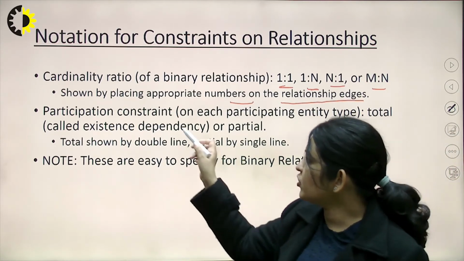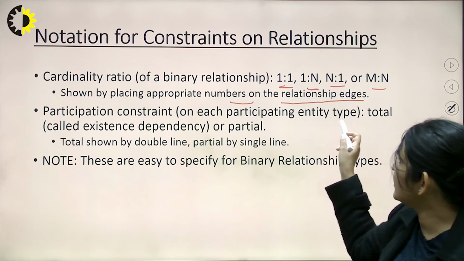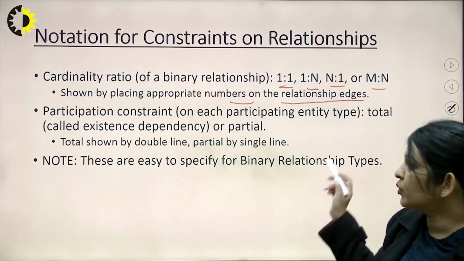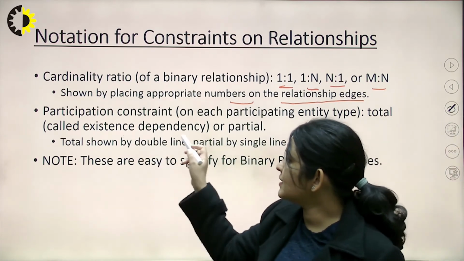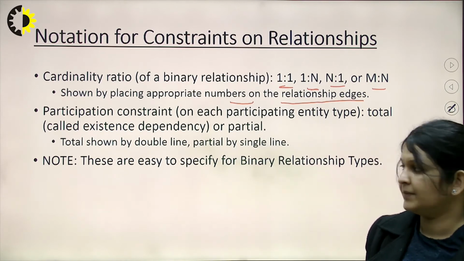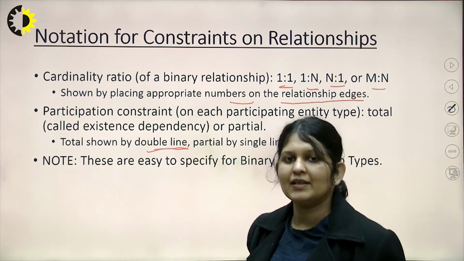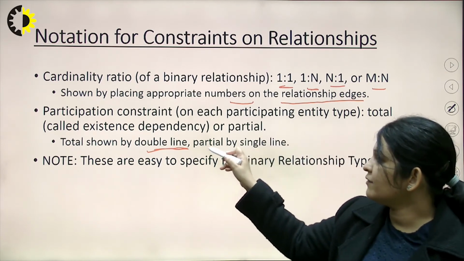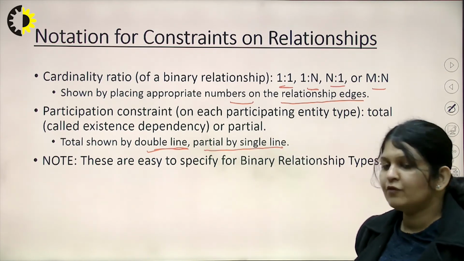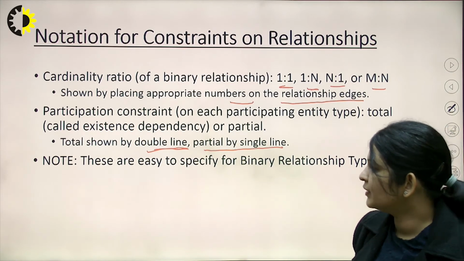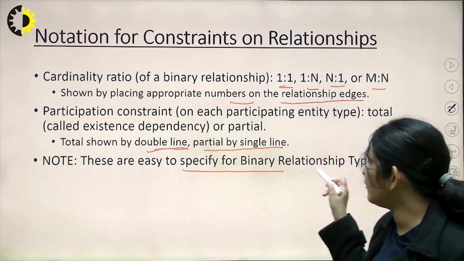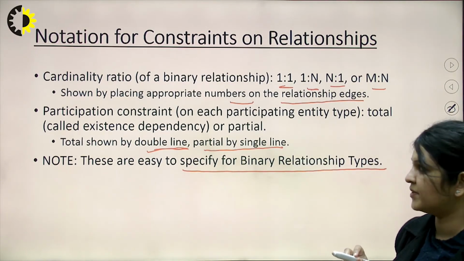Then the participation constraint on each participating entity type is total, called existence dependency, or partial. Total is shown using a double line, and partial participation is shown using a single line. Note these are easy to specify for binary relationship types.